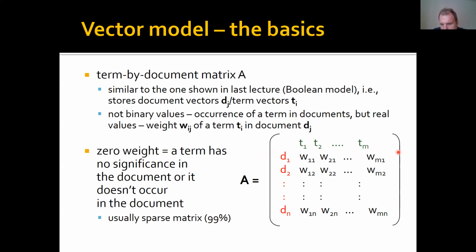So let's say we have m dimensions, m terms, for example, m is 10,000, but the number of terms per document is constant. Let's say it's 10, maybe 20, 100. So it's very sparse. And zero weight, of course, is the same as in the Boolean model. The term is not appearing in the document. That's why it's so sparse. So it's 99% sparse.